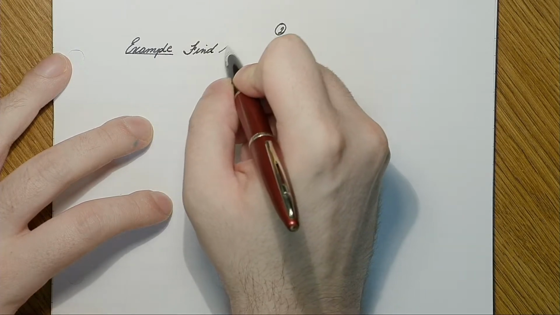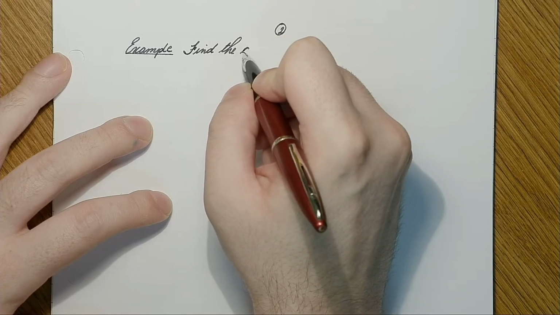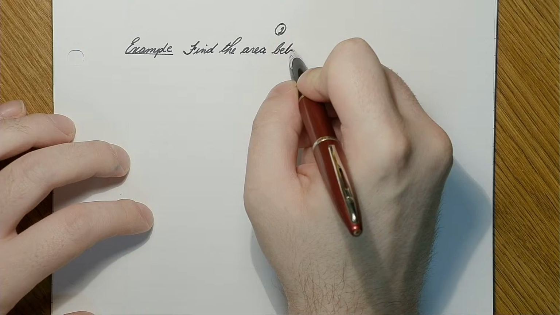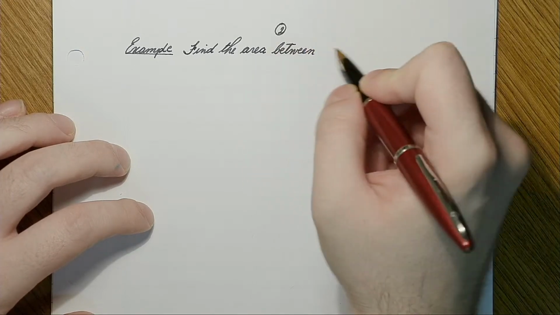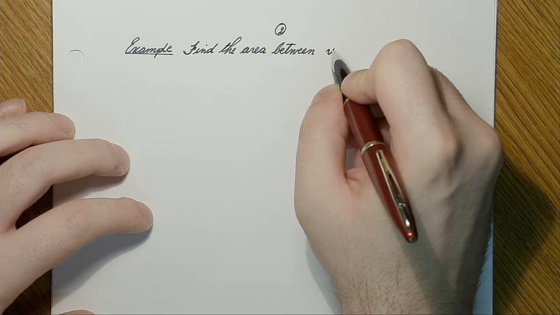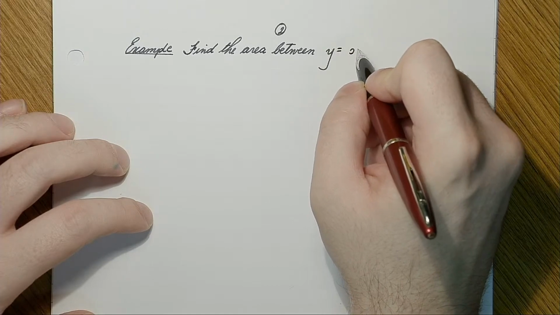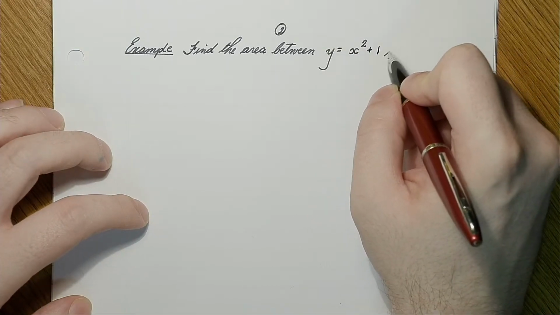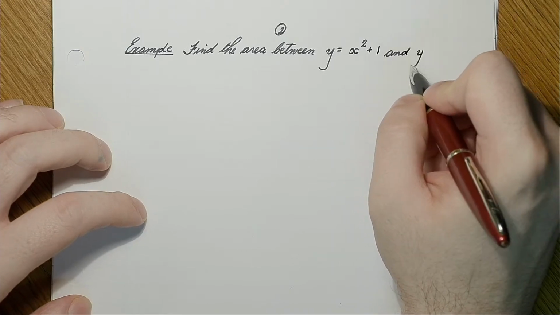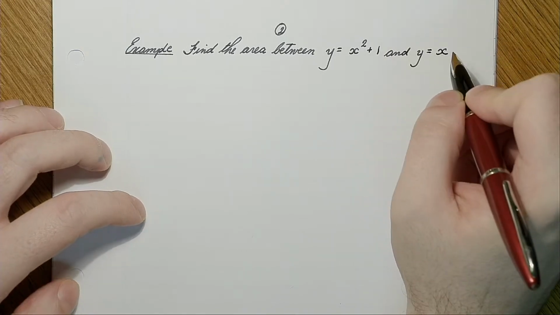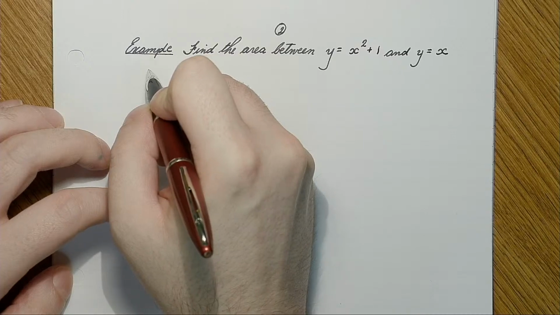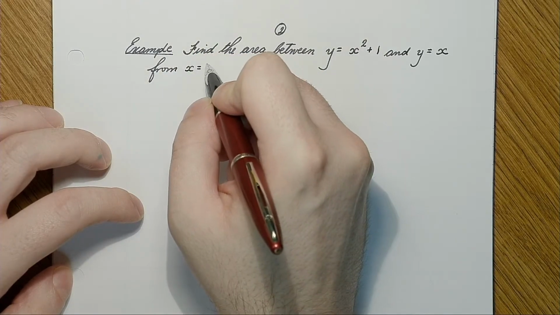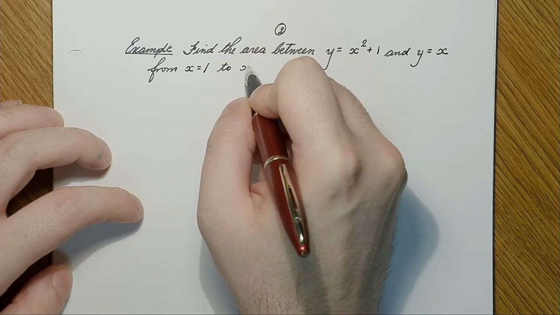So we're going to find the area between y equals x squared plus 1 and y equals x. And we're going to do this from x equals 1 to x equals 3.